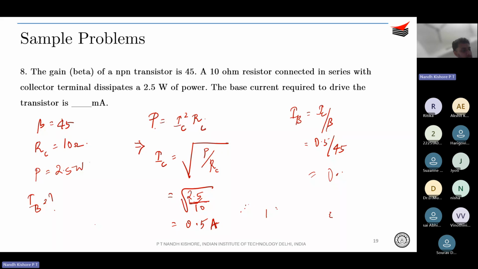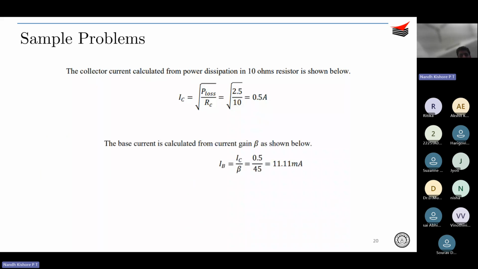It's going to be 0.0111. Okay. Yeah. It's a pretty simple problem again. Yeah. So 11 milliamps. Fine.